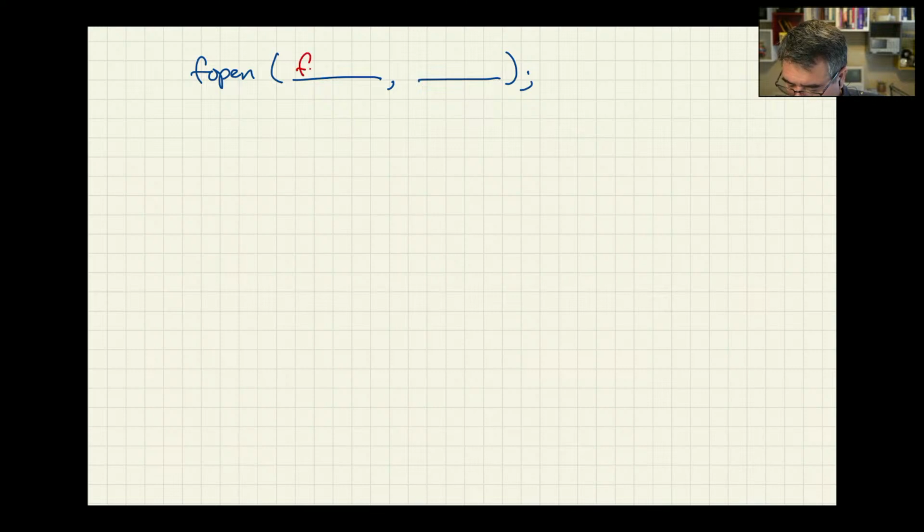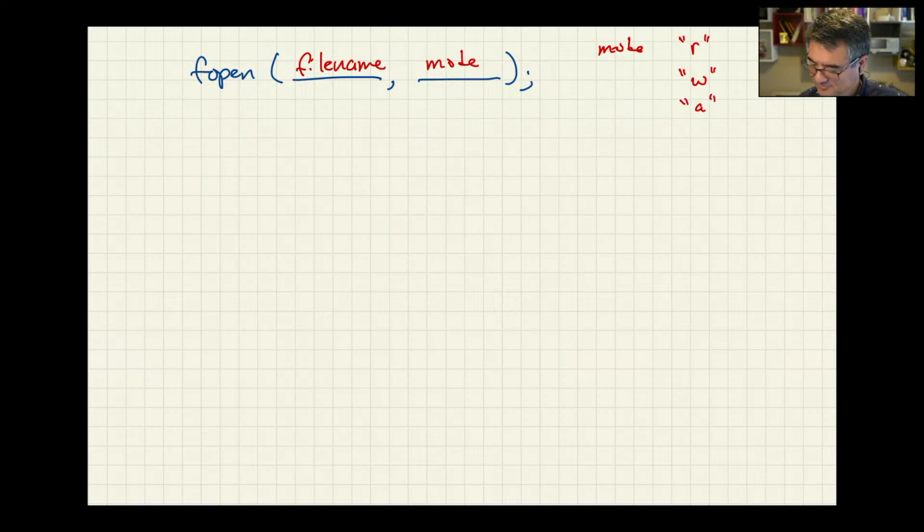You pass it the file name, the file that you want to open, and then something called the mode. There are actually many different modes you can put here, but we're only interested really in 3 of them. The string R, the string W, or the string A. R stands for read, W stands for write, and A stands for append.